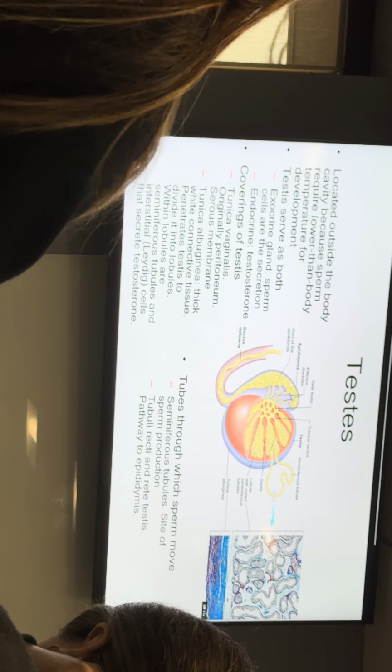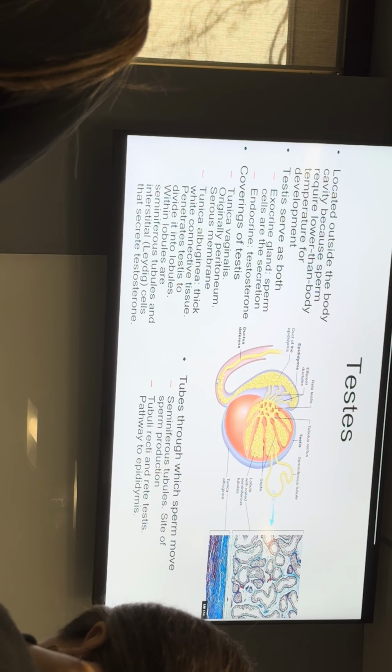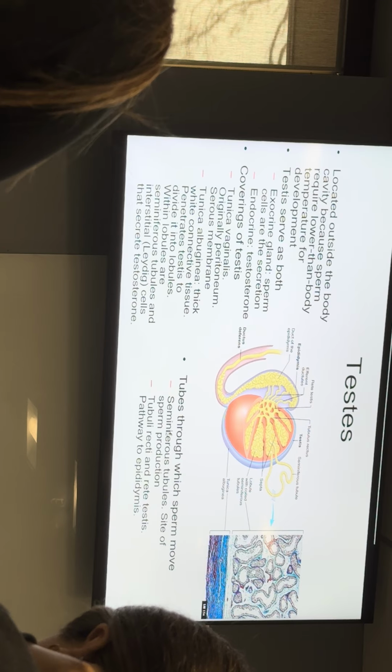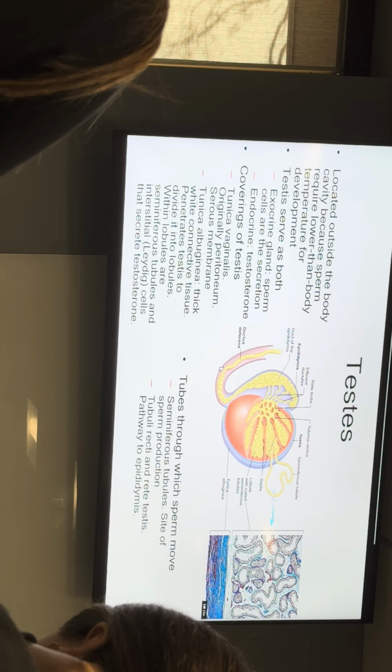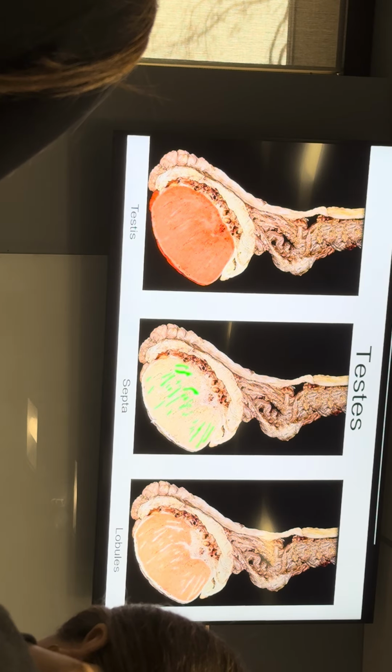They mature in the head and body and then get stored in the tail of the epididymis. They mature for a day or two, and then get stored until the guy ejaculates. And then it leads to the ductus deferens or vas deferens. So here you can see the septa dividing your testicle into different lobules, and each lobule is filled with seminiferous tubules.